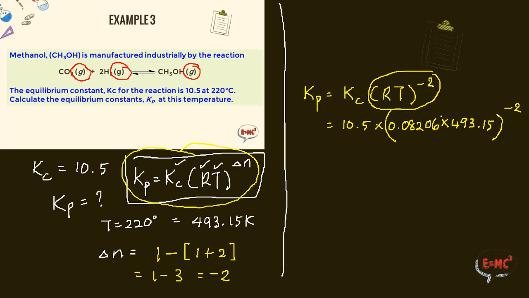Selesaikan secara matematik. Please be careful when you solve the mathematical question ataupun calculation. Okay, supposed to be the final answer is 6.41 times 10 to the power of negative 3.